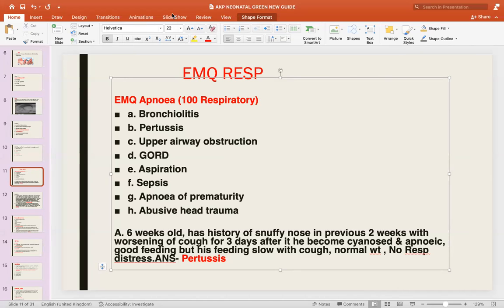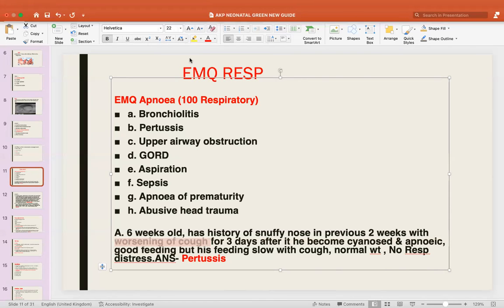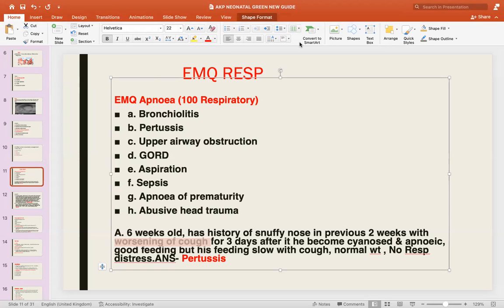Bronchiolitis will decline after 2 weeks. The baby has repeated cyanosis, apnea, no fever, but some runny nose. After that, he developed bouts of cough, worsening cough. Worsening cough is not bronchiolitis. Bronchiolitis is actually a static problem, not a worsening one. Within 2 weeks, the baby will either improve or deteriorate in bronchiolitis, right? So it is not bronchiolitis.